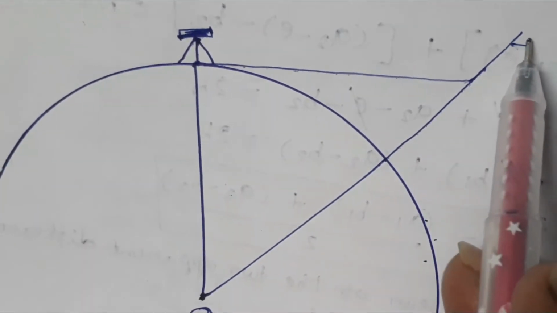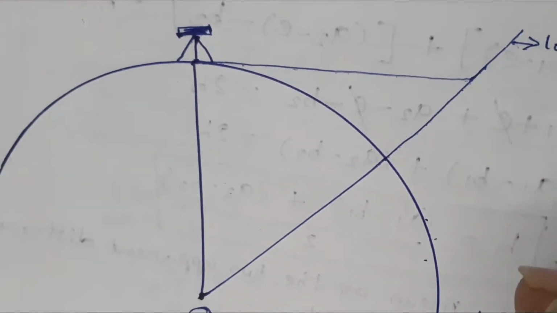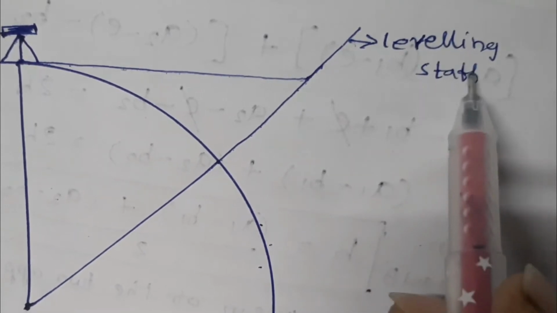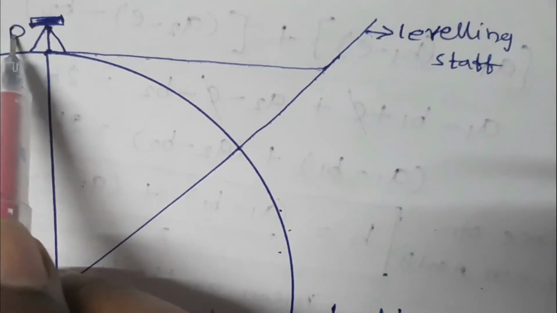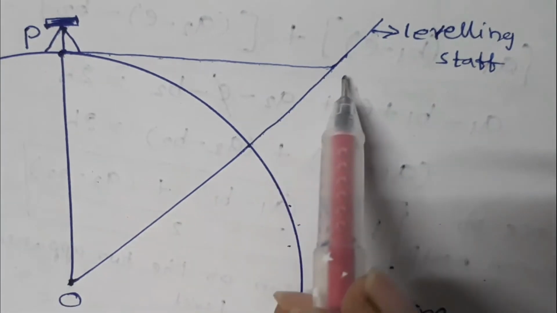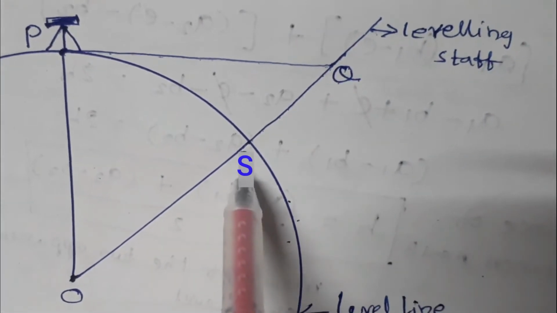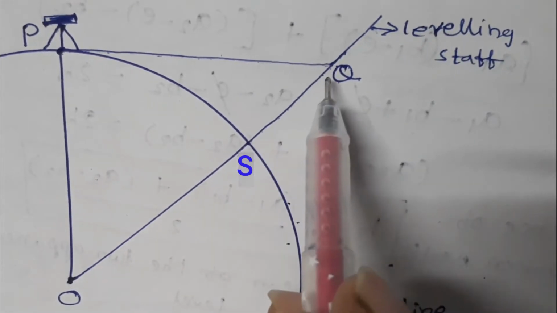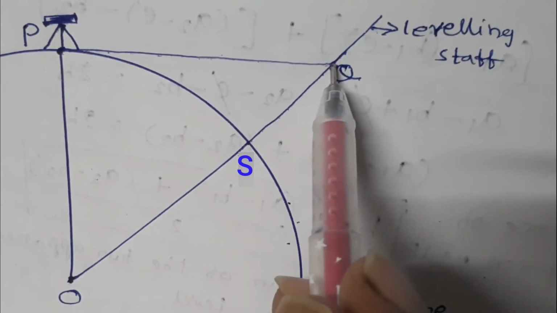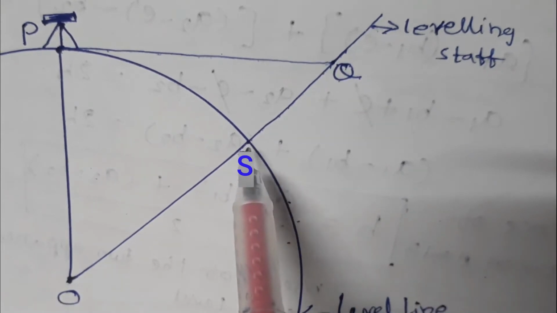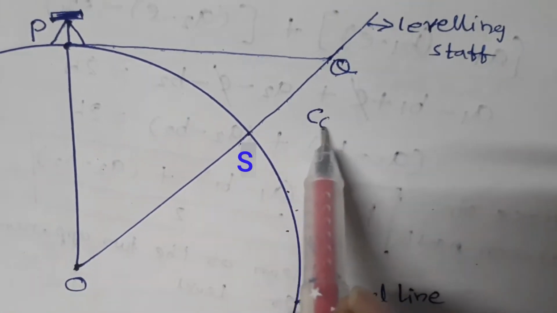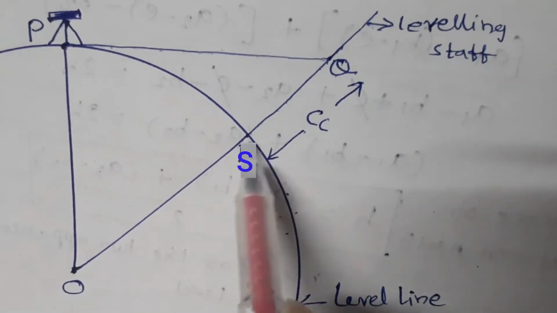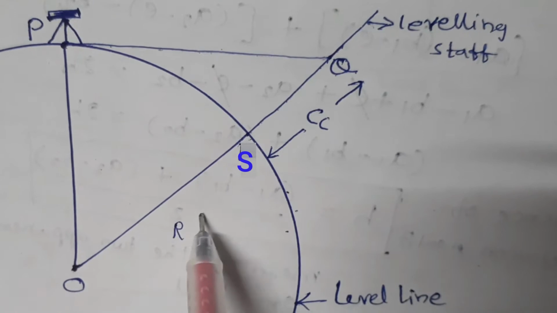This is the leveling staff. Say it is P, Q. This is the horizontal line of sight. This is the level line. The vertical distance between horizontal line of sight and level line is the curvature correction. This is the radius of earth surface.